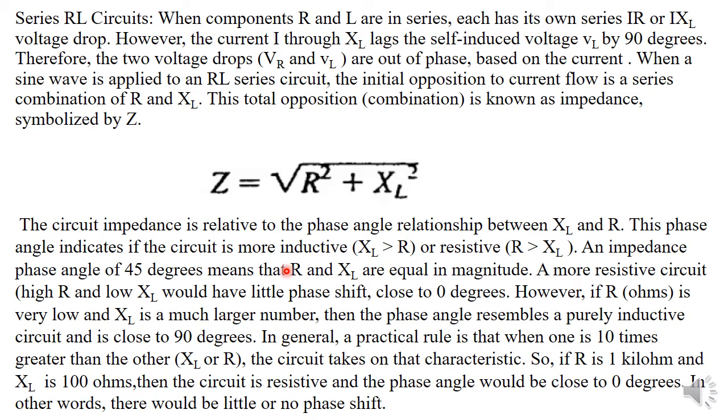A more resistive circuit, with a high value of resistance and low value of XL, would have a little phase shift close to 0 degrees. However, if resistance in ohms is very low and XL is a much larger number, then the phase angle resembles a purely inductive circuit and is close to 90 degrees.